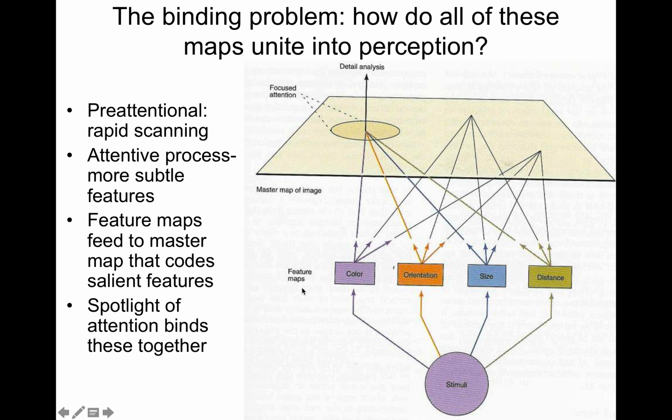But evidence of a master map is shown in different types of deficits that can occur. We'll talk about some of those deficits in terms of how someone processes and thinks about spatial space, even imagining what a space looks like, and that can get damaged.